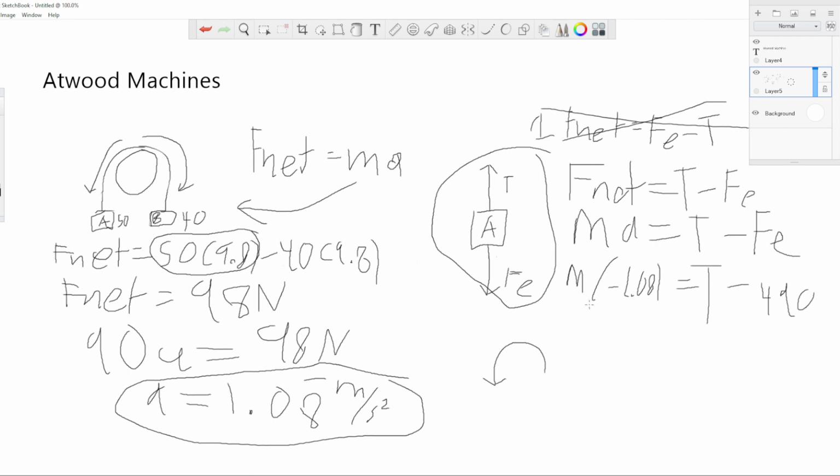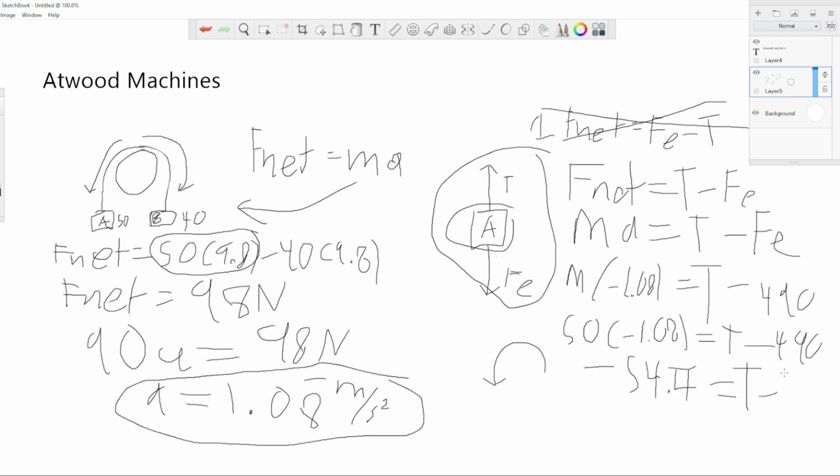And then your mass, it's not the mass of the system over here, it's the mass only for A. So it's 50 times negative 1.08, and then you'll get negative 54.4 repeating equals your tension minus 490.